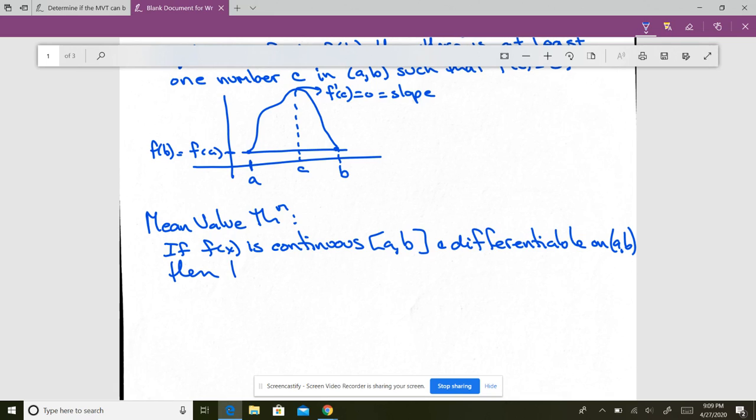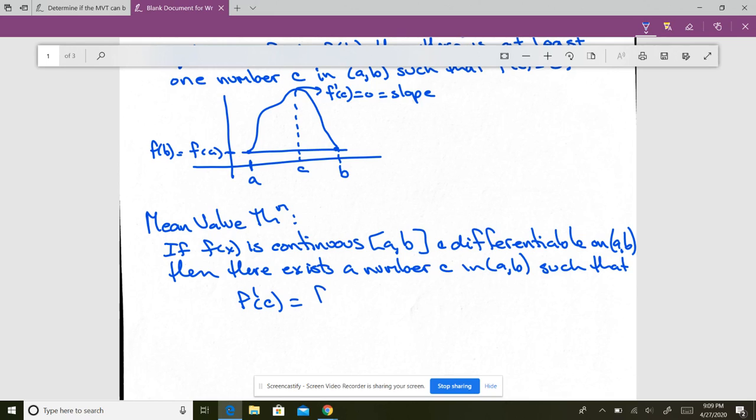Then there exists a number c in the interval (a, b) such that f prime of c is equal to f of b minus f of a over b minus a.